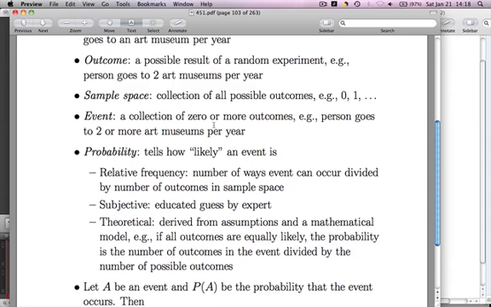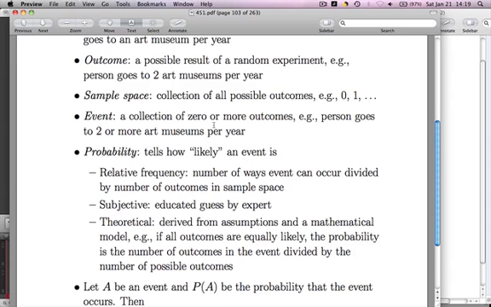A third type of probability estimate is called theoretical, and we will be deriving some probability estimates based on a model in the next chapter. Let me just give you a simple example of this. Theoretical probabilities are arrived at through a set of assumptions.